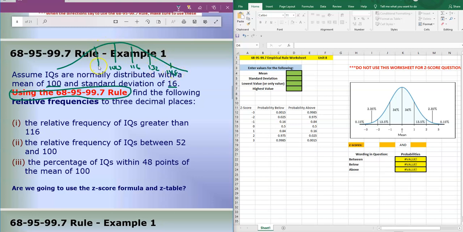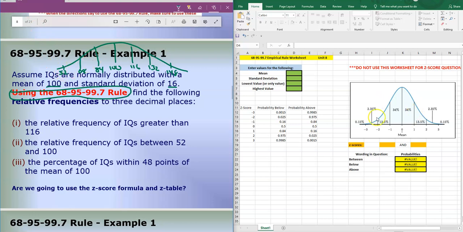And I'm going to subtract 16 once, twice, and 3 times. So that would give you those numbers.